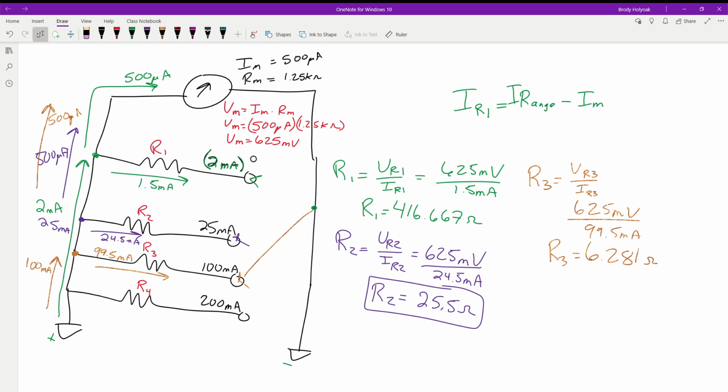Kaylee? These are given to us by our ranges. So in the problem, it said I want 2 milliamps, 25 milliamps, 100 milliamps, and 200 milliamp range. In this one, IR2 is equal to I range 2 minus the current meter.